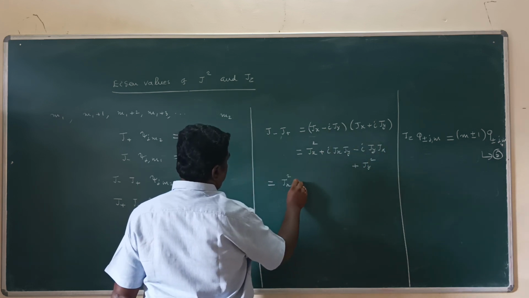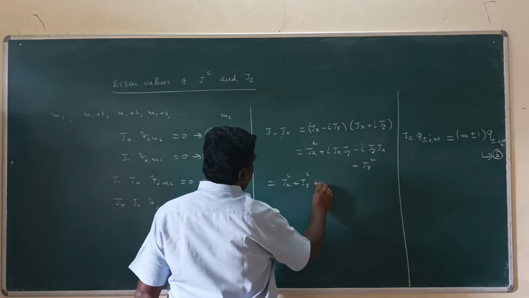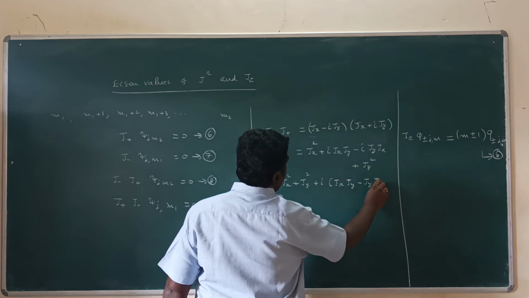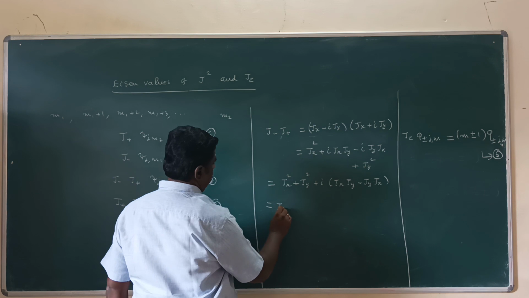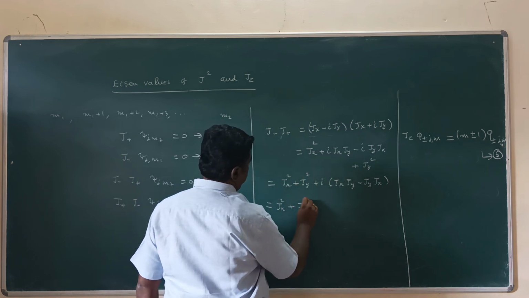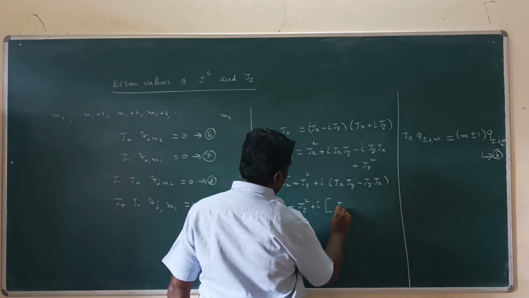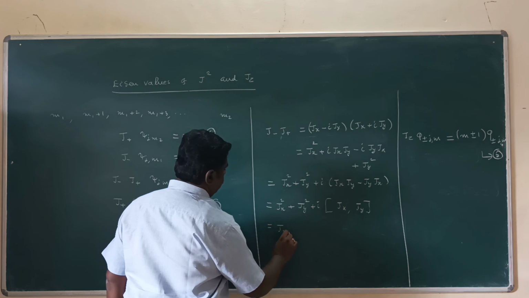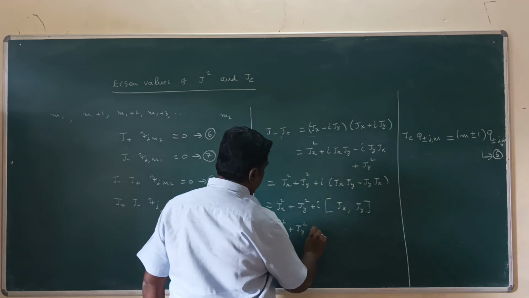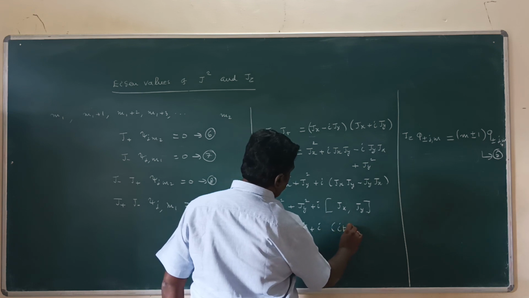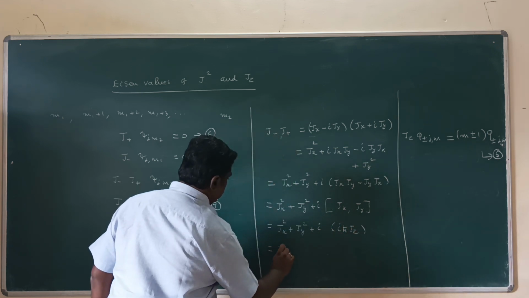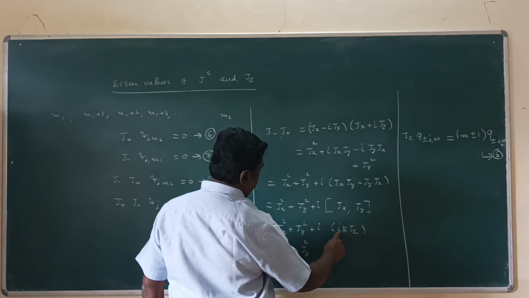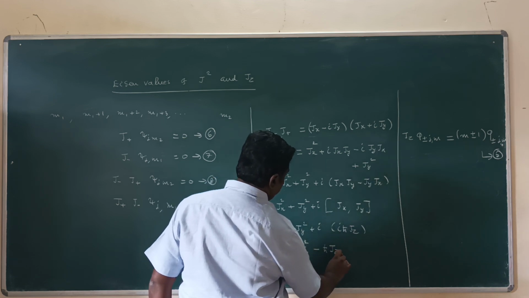This is Jx square + Jy square + i(JxJy − JyJx). This is equal to Jx square + Jy square + i[Jx, Jy]. This is Jx square + Jy square + i(iħJz), which is Jx square + Jy square − ħJz.